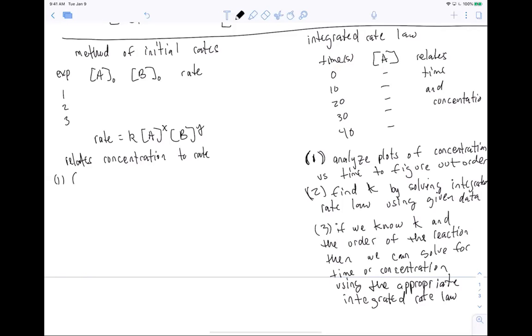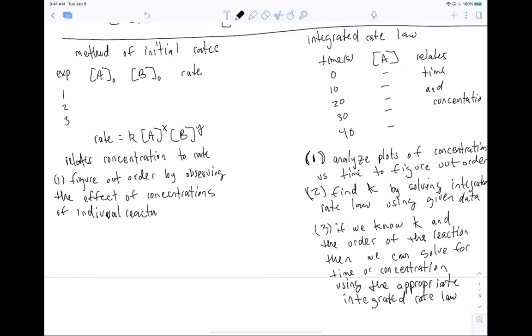But here we figure out the order by, it's hard to put this one into concise words, observing the effect of the concentrations of the individual reagents or reactants on the rate.